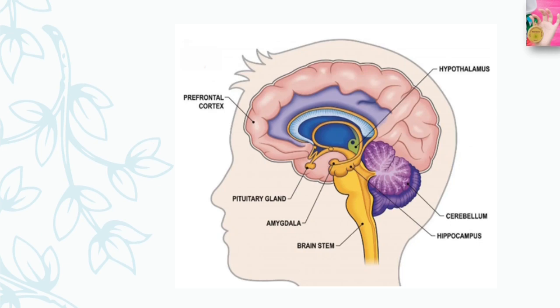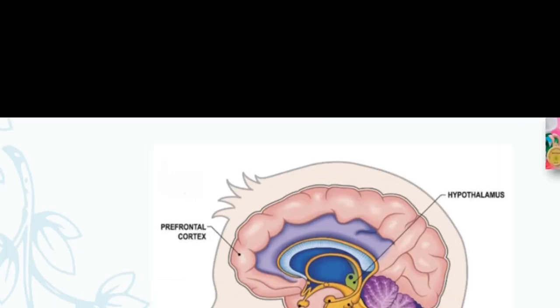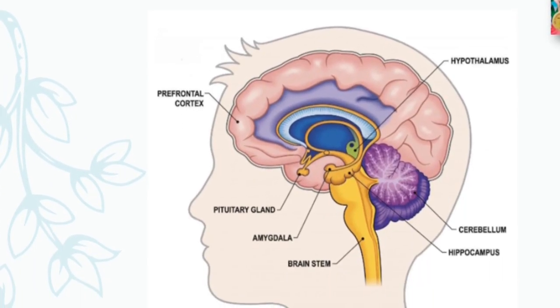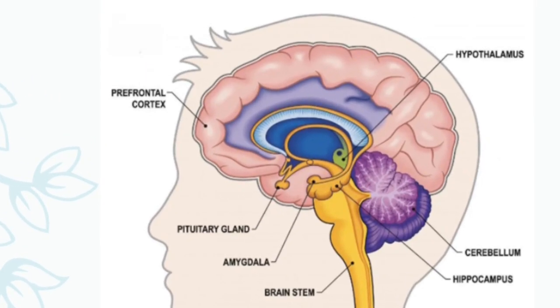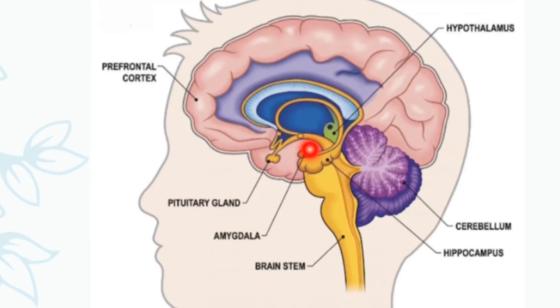So here you can see I have included the picture, or you can say a diagram. So here is the location of amygdala, and this is the hippocampus. This diagram is a bit more clear than the previous diagram, so I've included this in my video too.